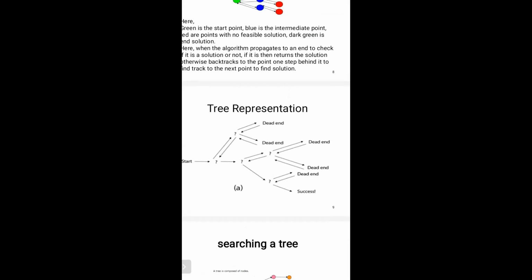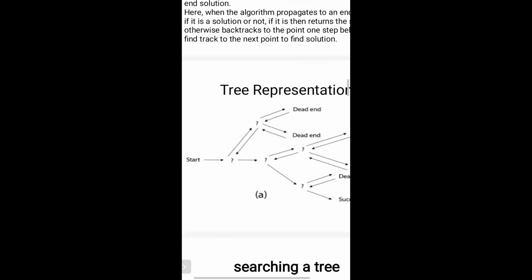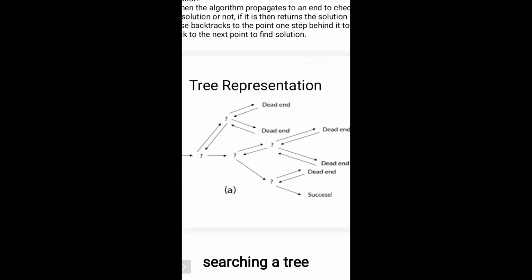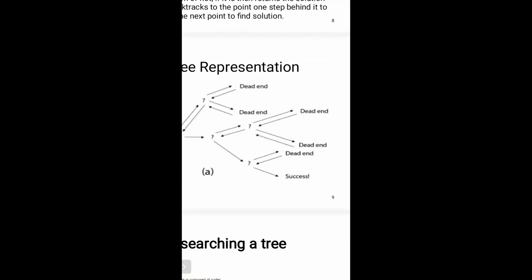That means you will not get the solution. You try again, you move back and again try the alternative path so as to reach the solution. See here in our figure, we have dead ends, and we have the success here.